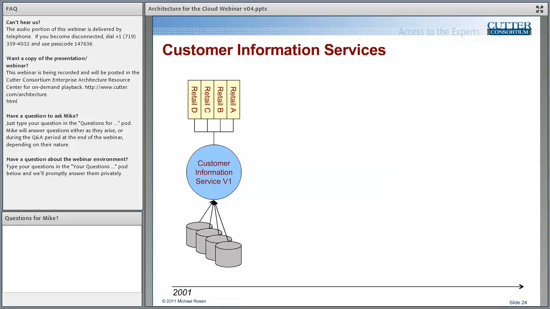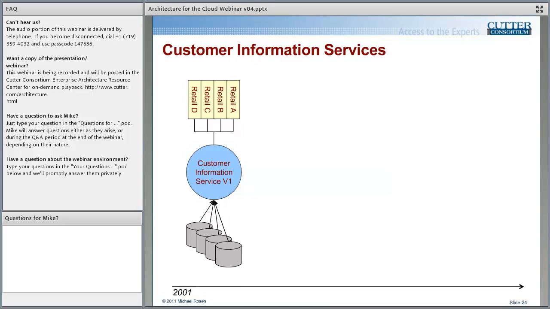I worked for a client that had done a really, really extensive customer information service project. They started with just a couple of different lines of business. Each line of business in their retail banking had different customer information systems, and they integrated them together through an SOA service, starting about 10 years ago.